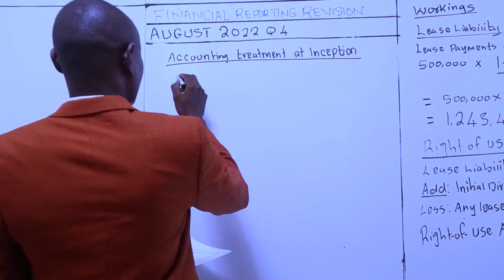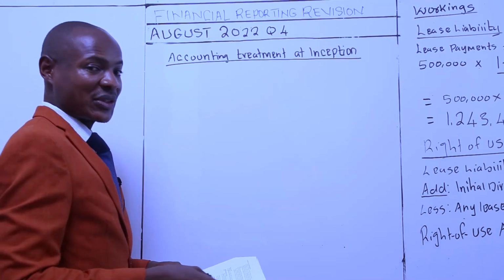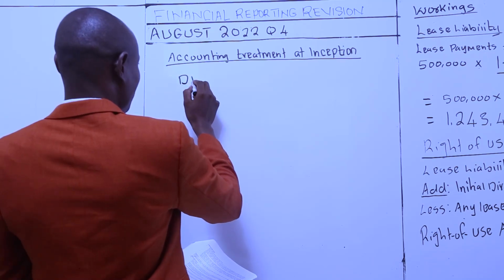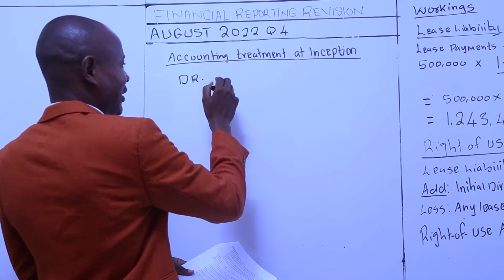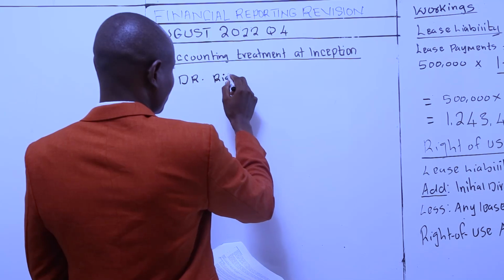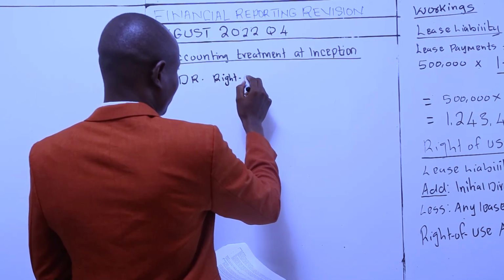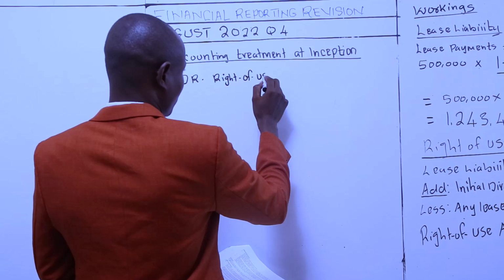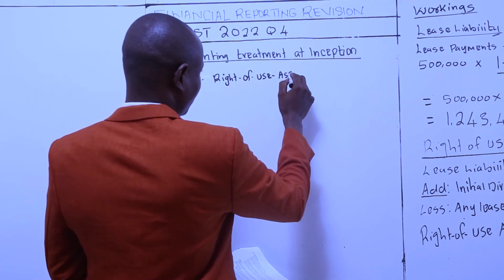So with the right of use asset, of course, you debit the right of use asset.